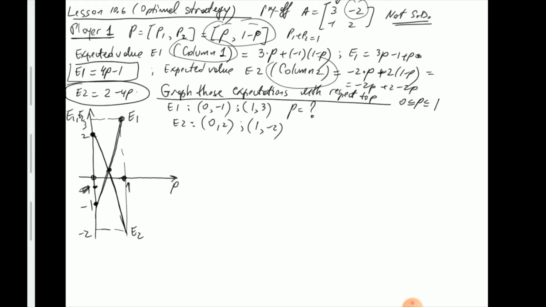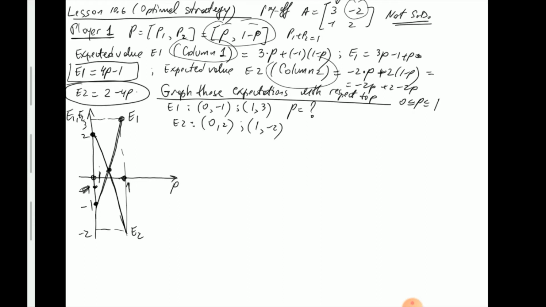All right. So this is the key thing. How do we figure out the optimal strategy? Imagine you're player 1, right? You want to get as big a value as possible, independent of what the other player does. For example, look at this intersection point. Imagine you choose a p-value to the left of it.